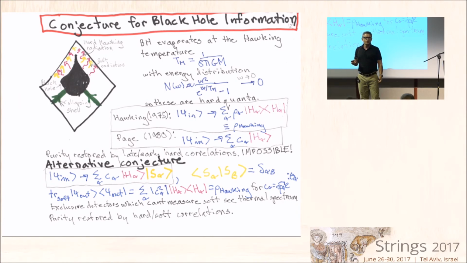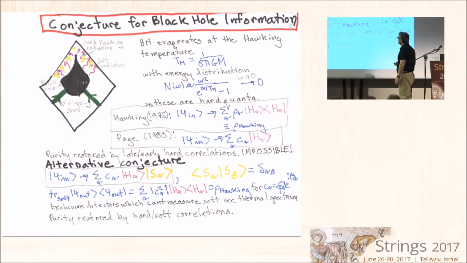Or we could do it the hard way: draw the graviton exchange diagrams between the outgoing hard Hawking quanta, correct the Hawking calculation, exponentiate those diagrams, and show that every one of the Hawking amplitudes is zero because of resummed infrared divergences.